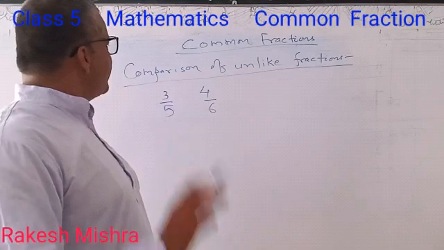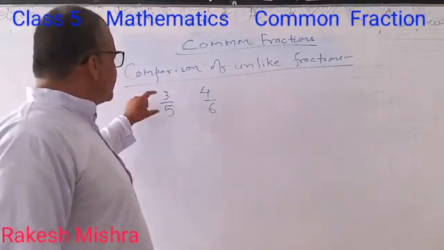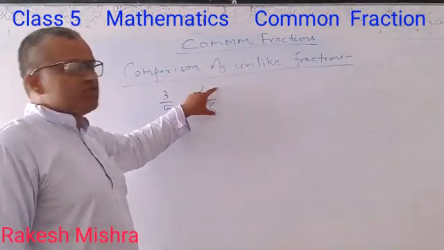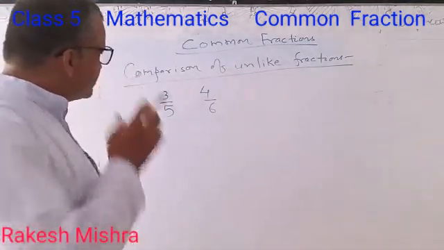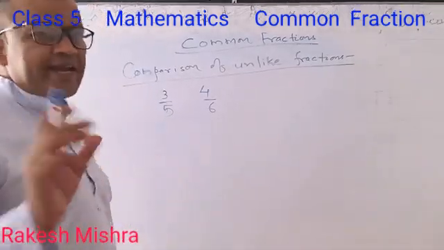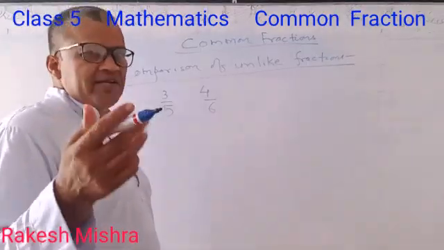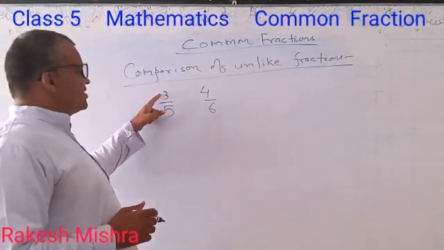I want to find the comparison. Means is this greater or is this greater? I want to know. How can we know? For this, you have a technique. In rough or in your mind, you should multiply this with this.